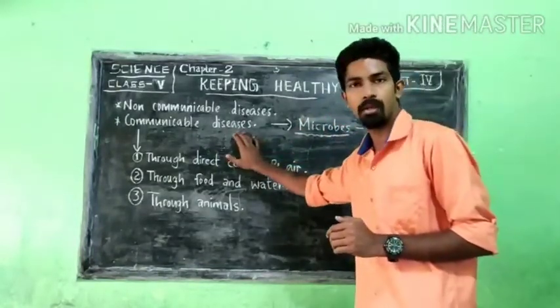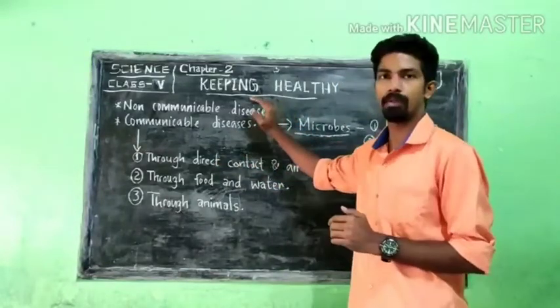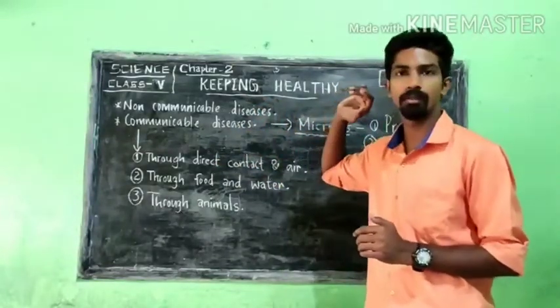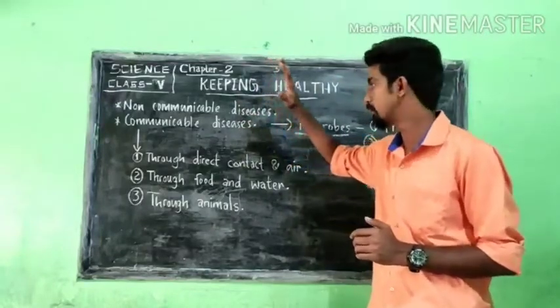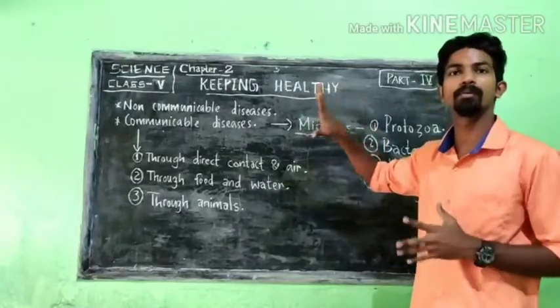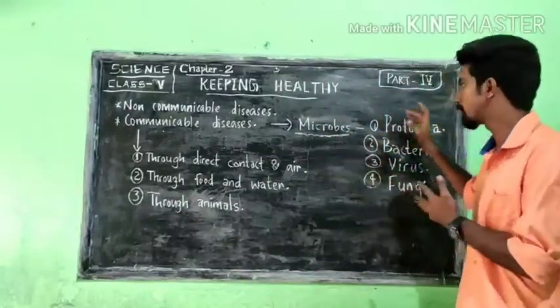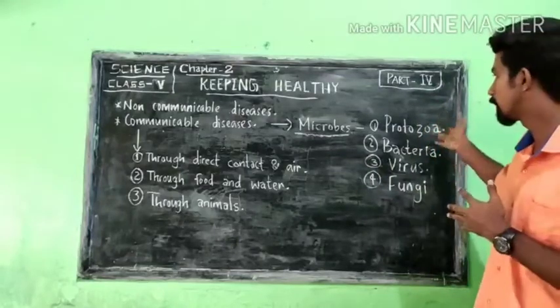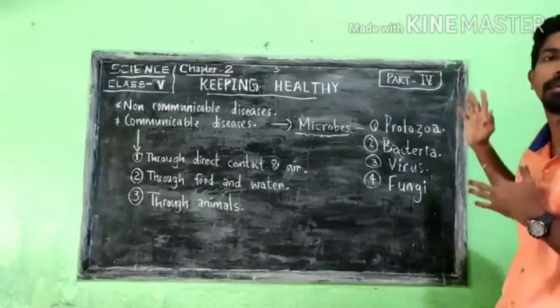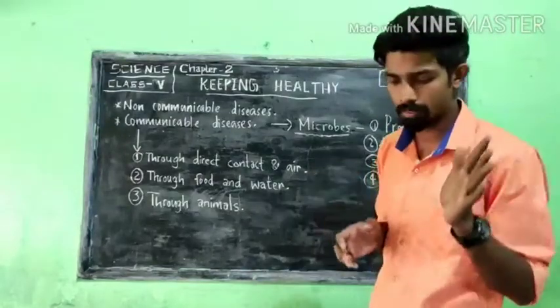So I think you have understood the difference between communicable disease and non-communicable disease. What spreads communicable disease is called microbes, and there are four types: protozoa, bacteria, virus, and fungi.